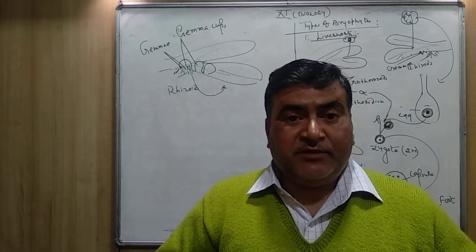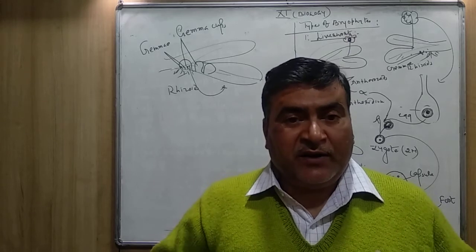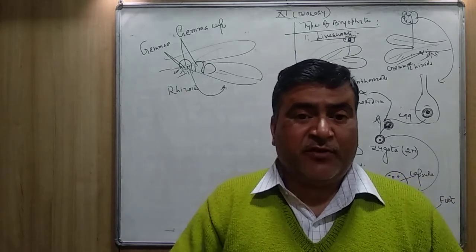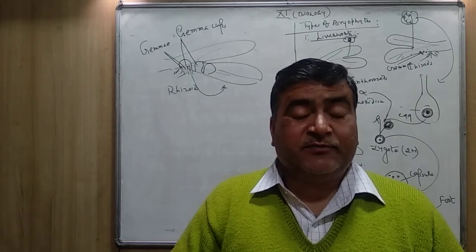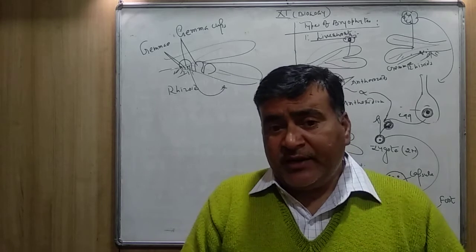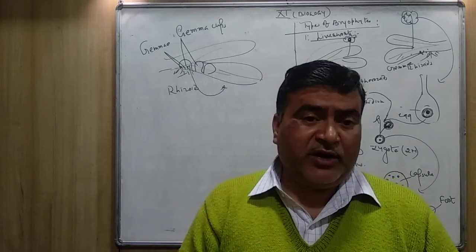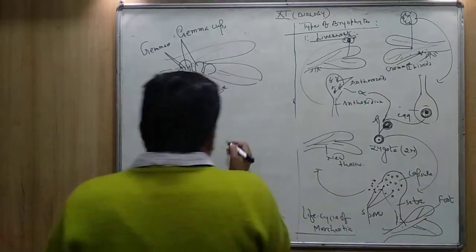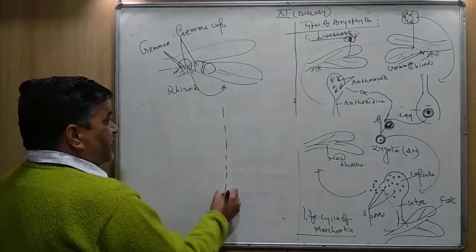And if the organism is diploid, suppose we are diploid, our chromosomes are found in pairs. We are diploid organisms. So our main body is what? Sporophytic. So what is gametophytic? The main haploid body, in which a single set of chromosomes is found.